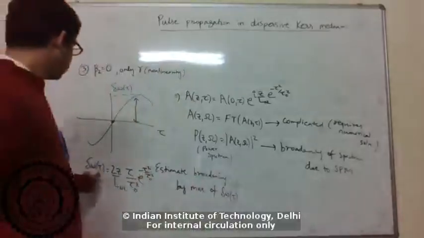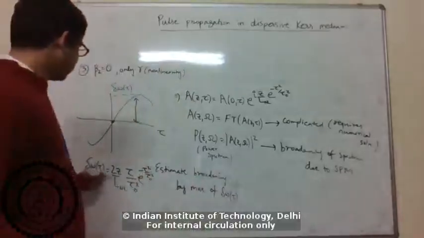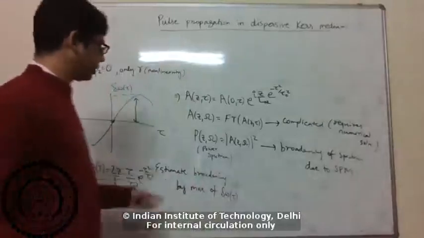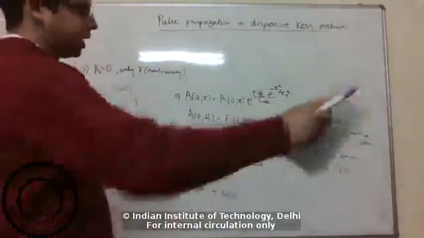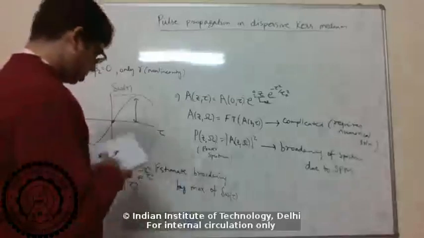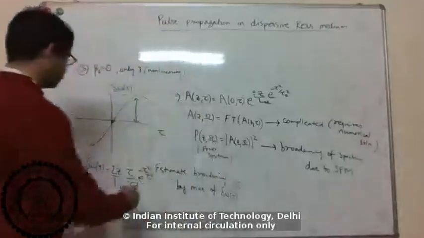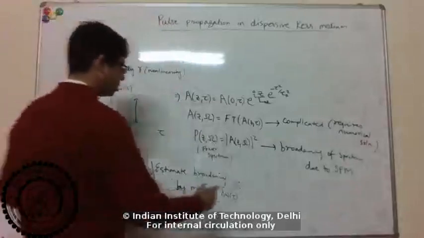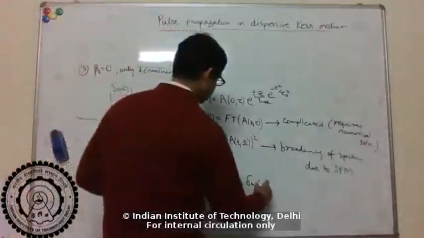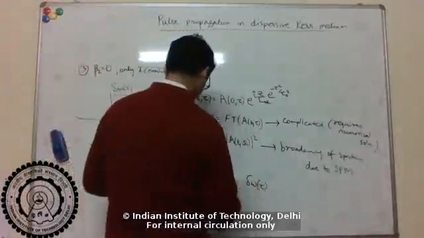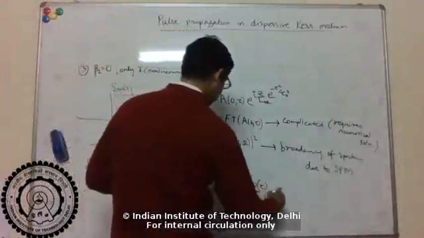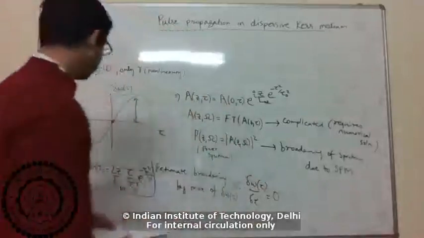So if we find the maximum frequency shift, we can say that at least that much the spectrum is broadened, right? So we can find the maximum of this function by putting the derivative to 0.